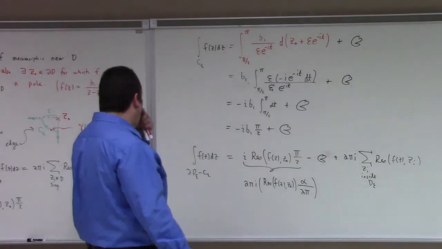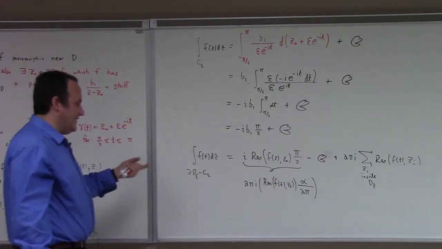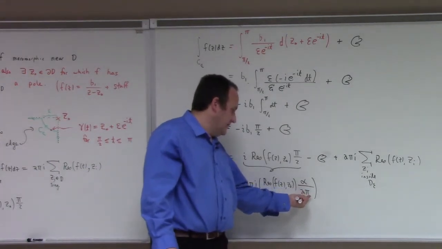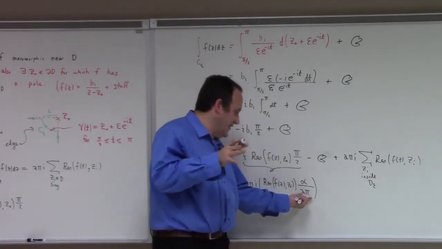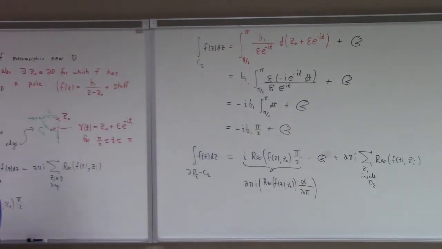So the point is that when the residue is inside, this calculation is a special case. You get the full residue when the singularity is on the inside. When the residue is on the edge, you get the fraction of the angle that's subtended around the residue relative to the curve, and that's what you do.